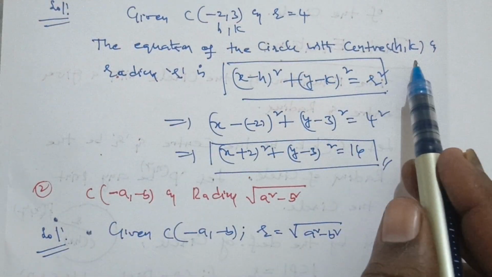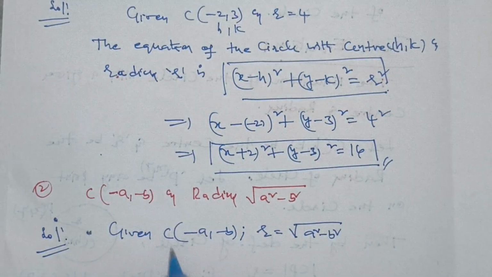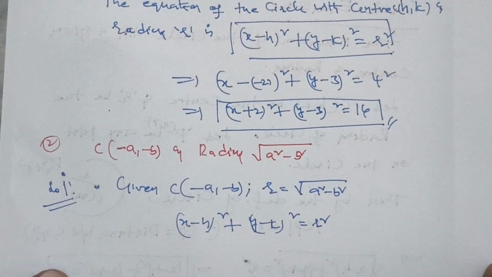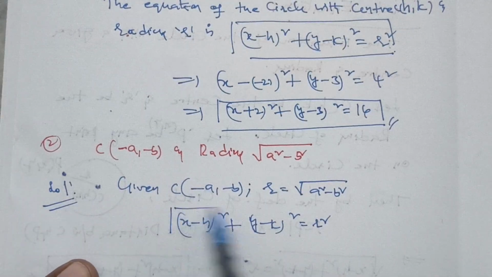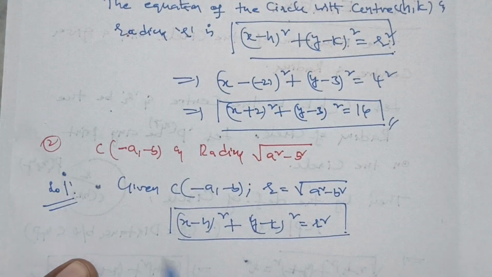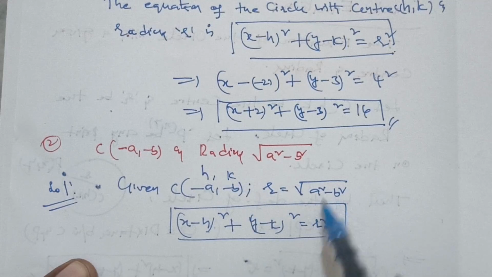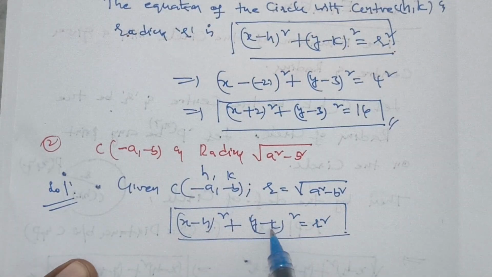By using the same formula used in the above problem, the equation of the circle with center h comma k and radius r is x minus h whole square plus y minus k whole square is equal to r square. By using this formula, we solve this problem. Here the h comma k values are the center values, that is minus a, minus b.